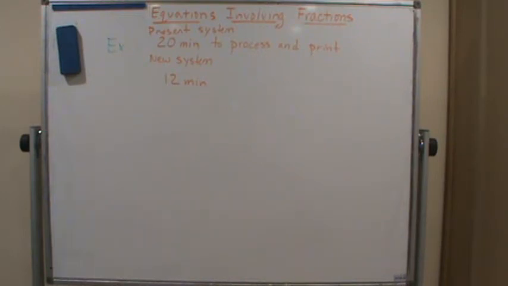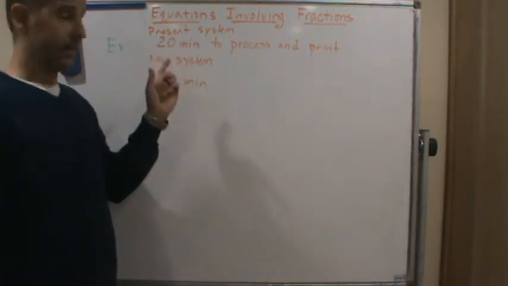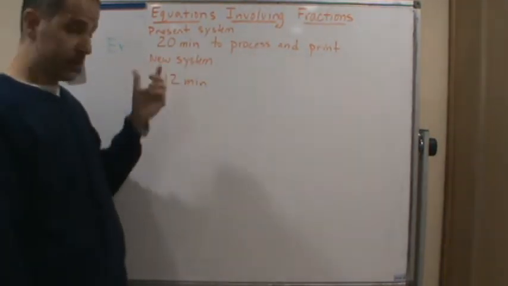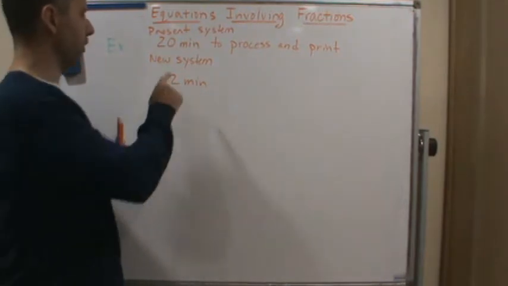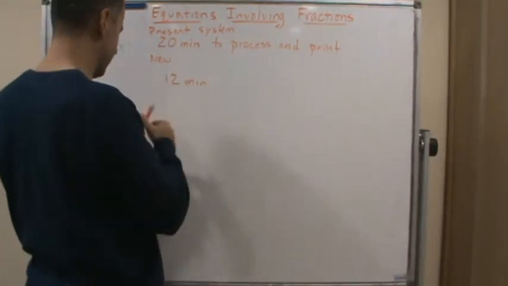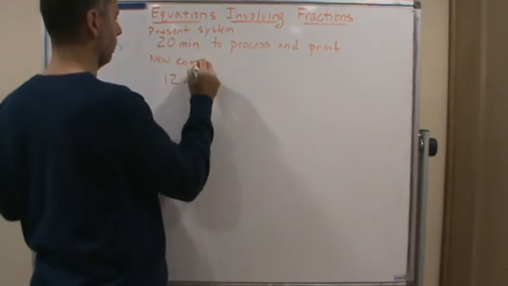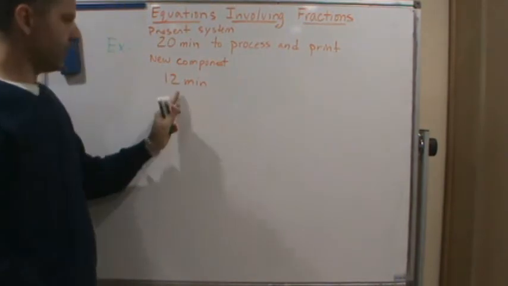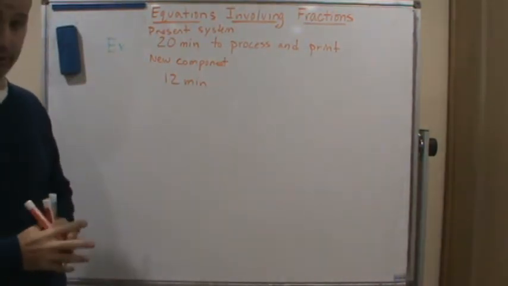Then it continues. It says, how long would it take the new system in combination with the present system and the new components to process the data? So in other words, we know that the present system by itself takes 20 minutes to process and print. The new component by itself takes 12 minutes to process and print the information.